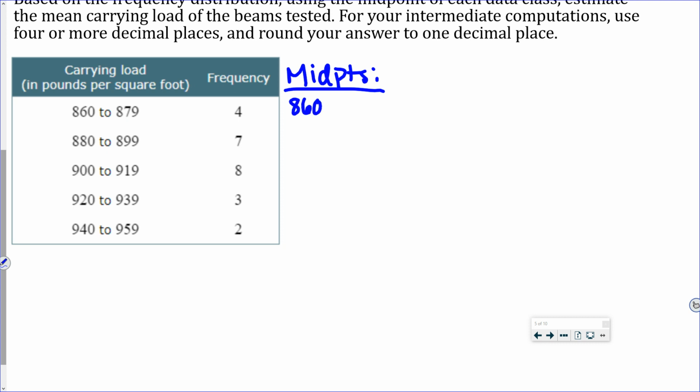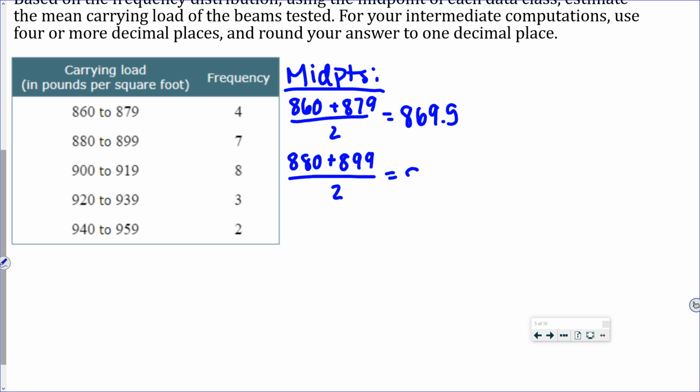So 860 plus 879 divided by 2. It said to use 4 or more decimal places. I think these all came out to nice halves. So this is 869 and a half. And then you would do the same for all these classes. Calculate the midpoint.